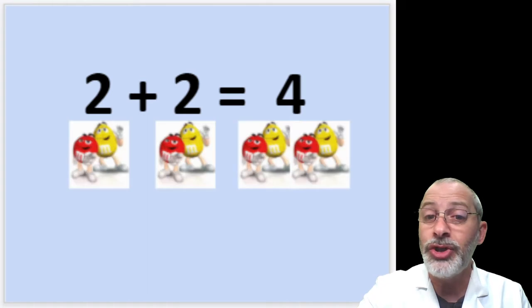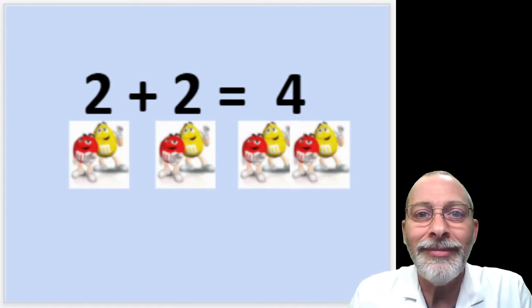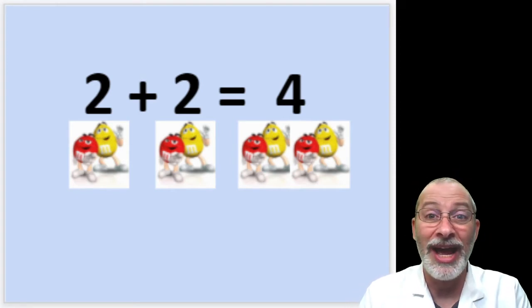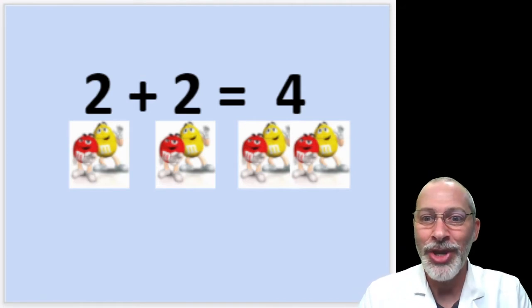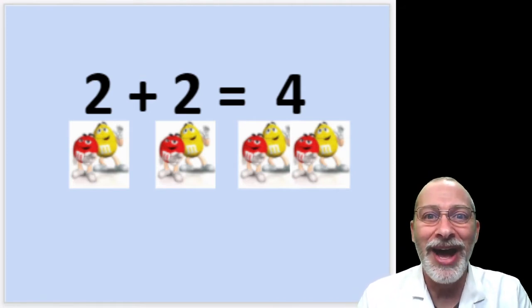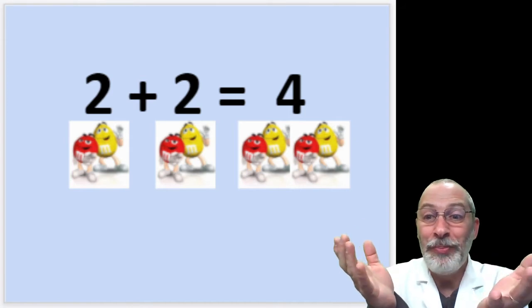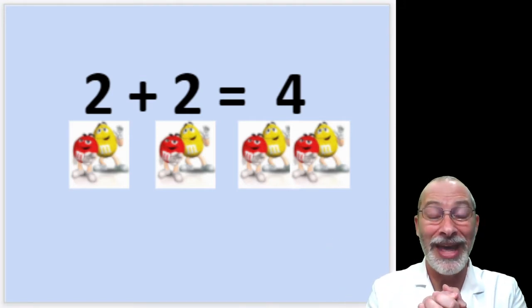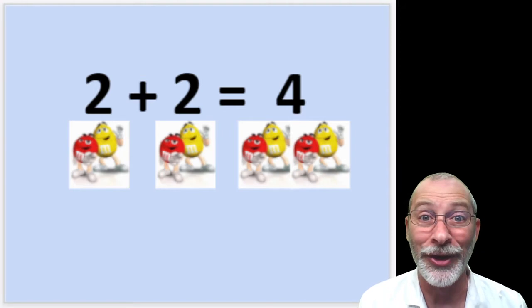So let's illustrate this. If you don't like numbers, let's use food. I love M&Ms, and I especially love peanut M&Ms. So if I have 2 peanut M&Ms in one hand and 2 peanut M&Ms in another hand, and I put them both together, how many peanut M&Ms do I have all together?